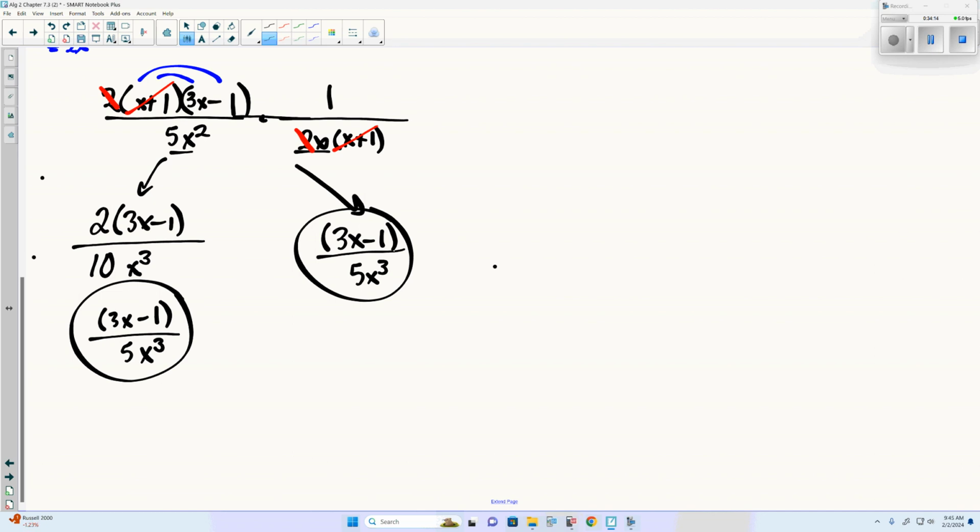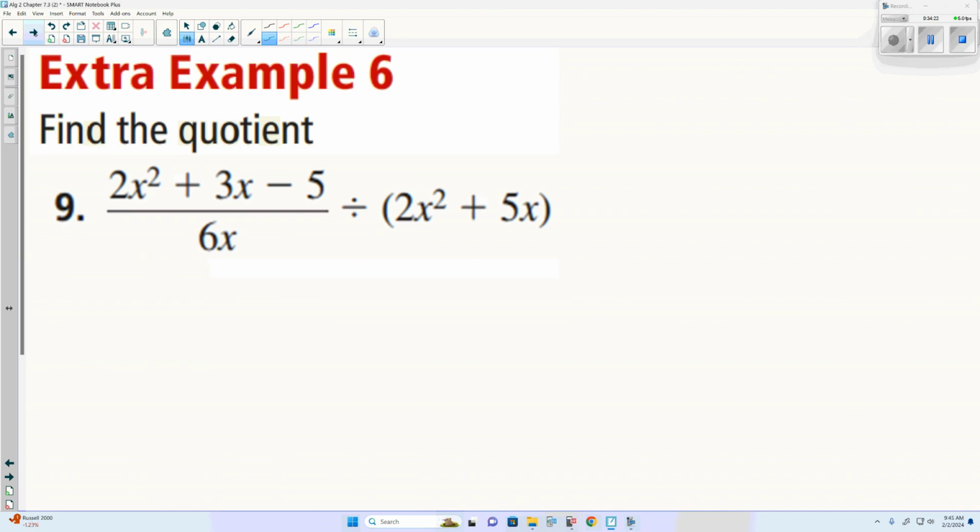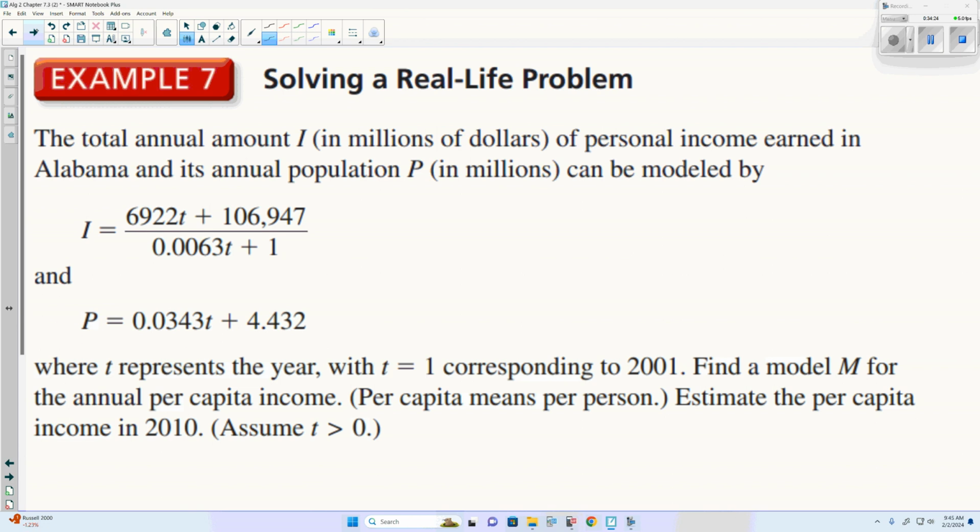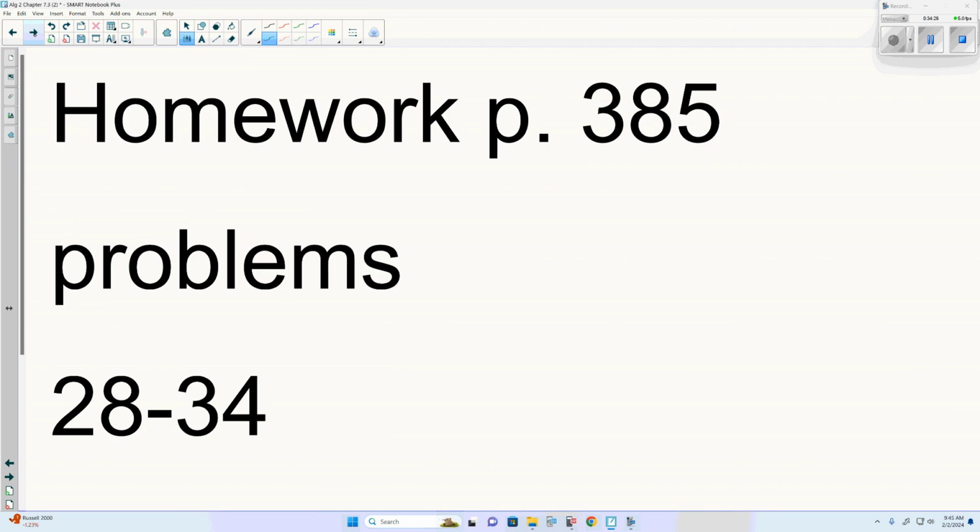Questions on this here? That's it, 28 through 34. I threw 28 in.